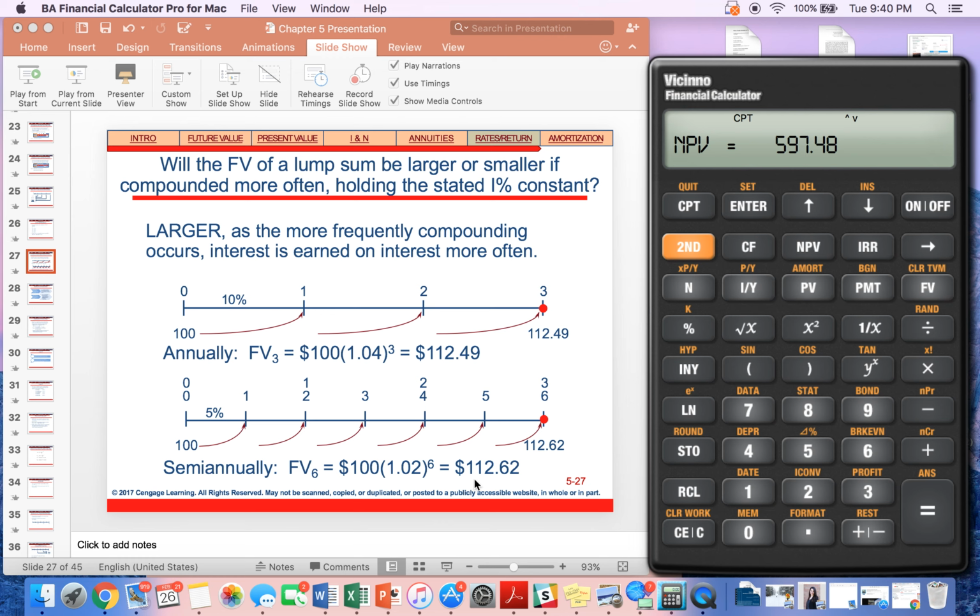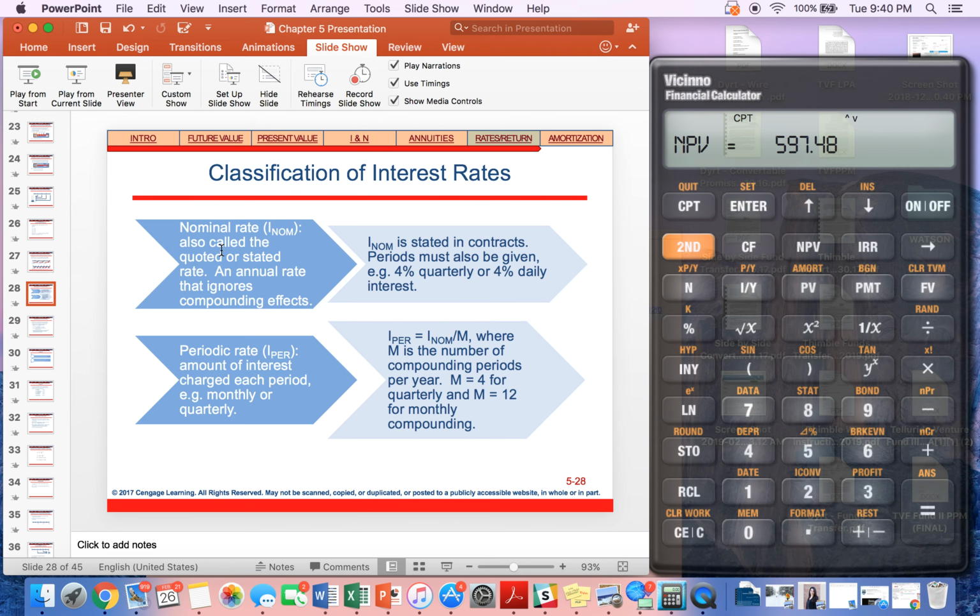So what caused this semi-annual future value to be worth more than this annual amount? Well, we know it's because we compounded more frequently. Lucky for you, there is an equation that we use to solve this. You'll see here on slide 28, we have this thing called the nominal rate, or the annual rate, that ignores any compounding effect more than annually, okay?